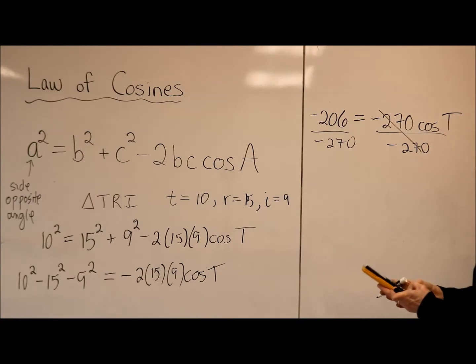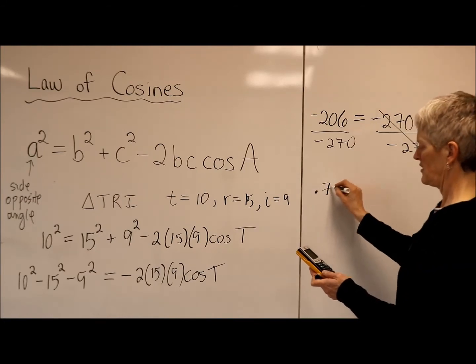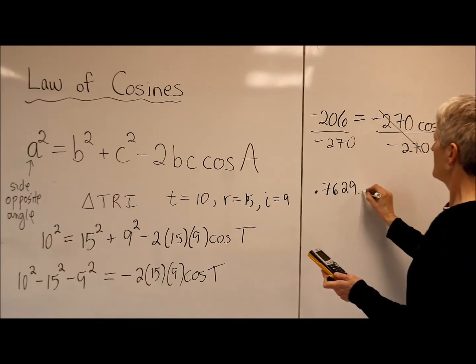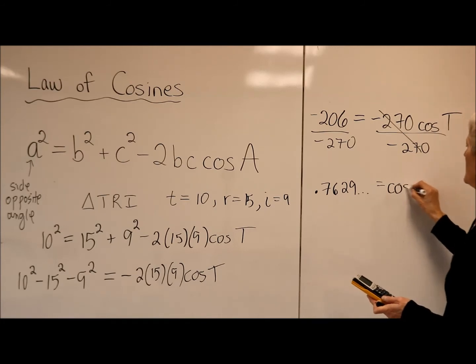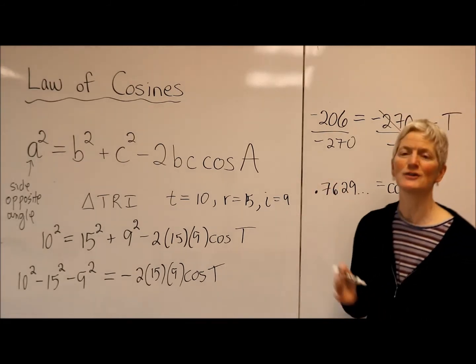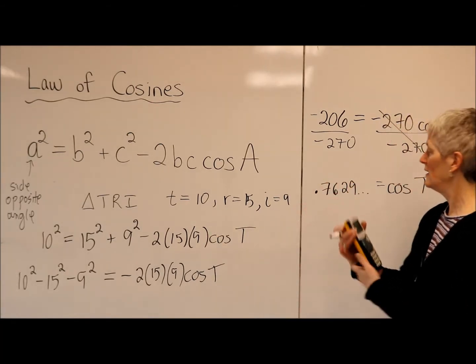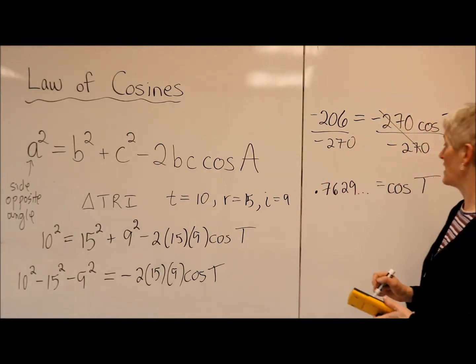That should give me some nice decimal here. I'm just going to write out the decimal now. Remember, whenever you're doing math, you never, never, never want to round in the middle of a problem, particularly in trig, because you'll get vastly different numbers. So keep your whole fraction, your whole decimal in your calculator.